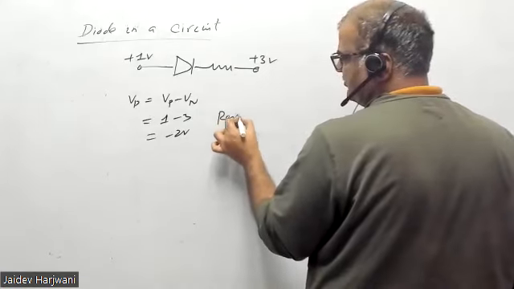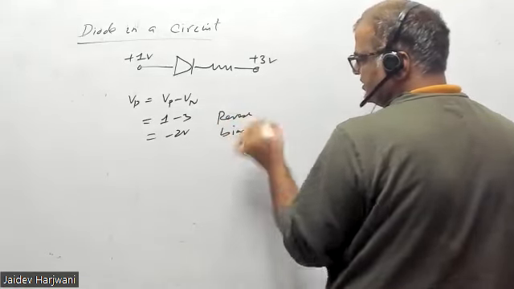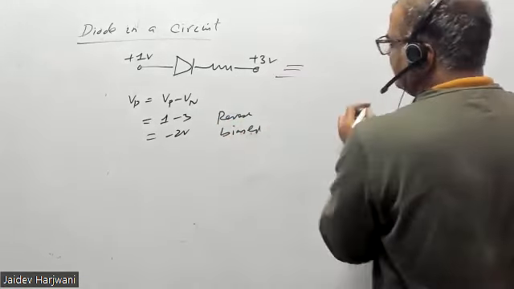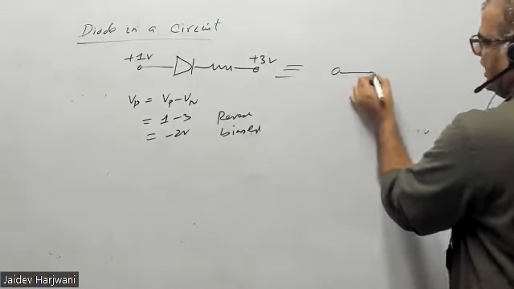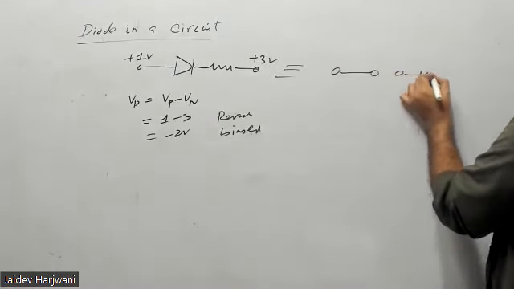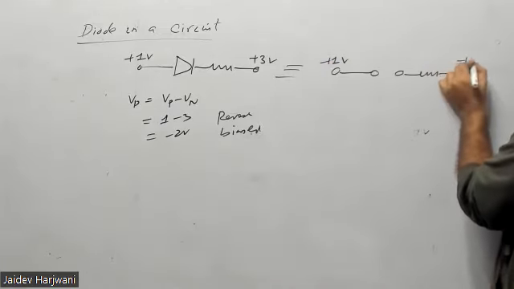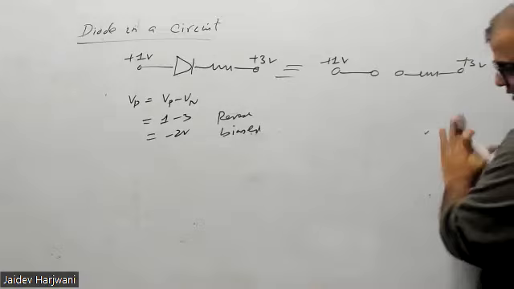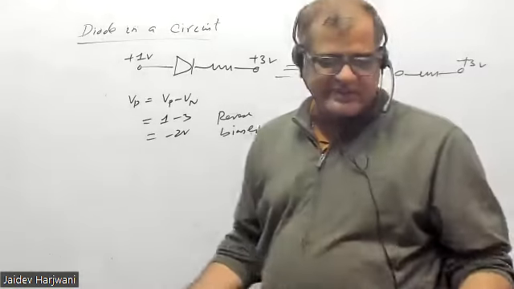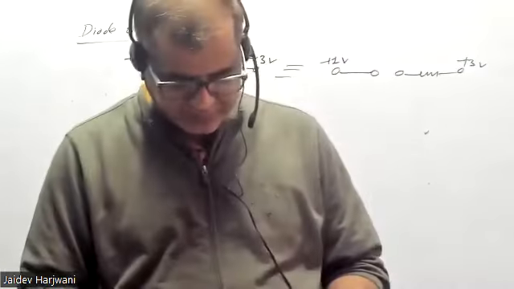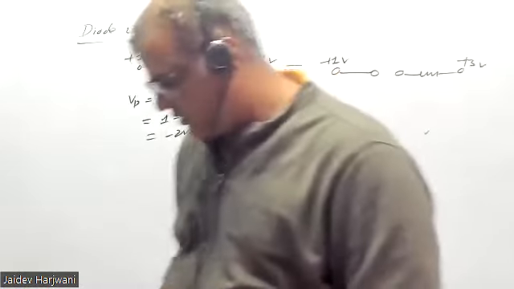So this diode will be replaced by an open circuit, with plus 1 and plus 3 volt on the two sides. That is all you have to do in the circuit, in solving the problems.